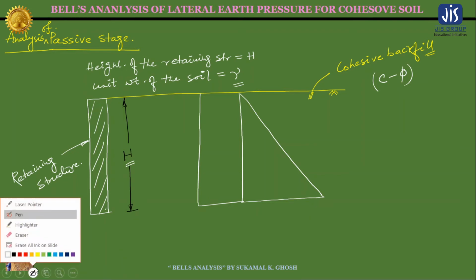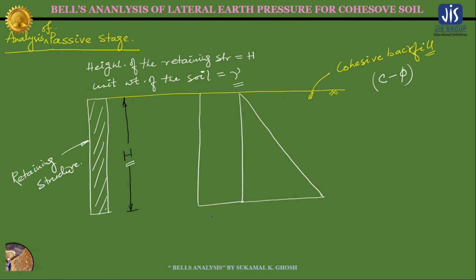Okay, so this portion is for 2c square root of Kp, and this portion is Kp into gamma into H. Okay, so the total passive earth pressure for the cohesive soil is Pp is equal to 2c square root of Kp plus Kp into gamma into H. Okay, now we need to calculate the total resultant passive earth pressure force.